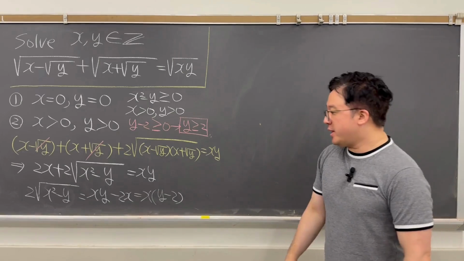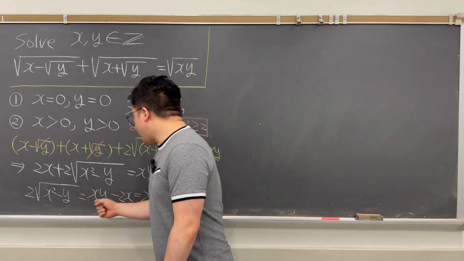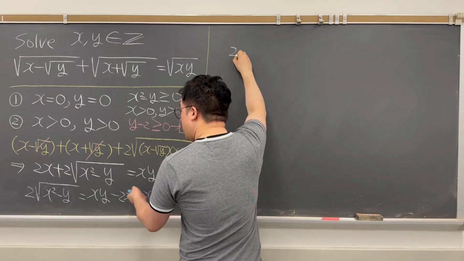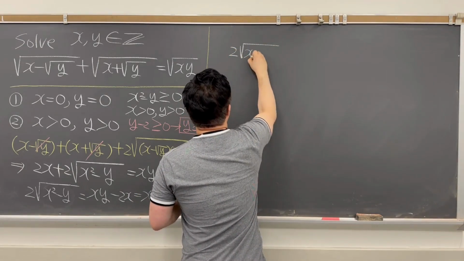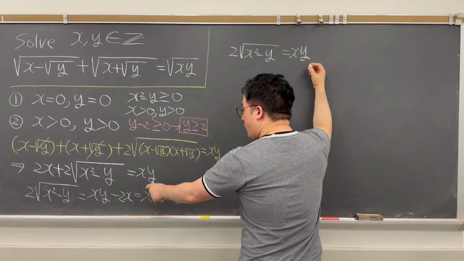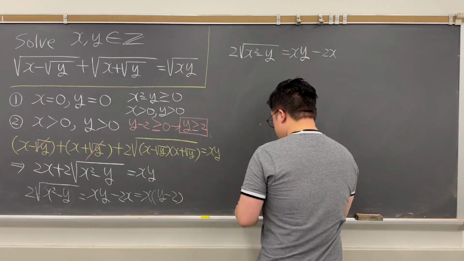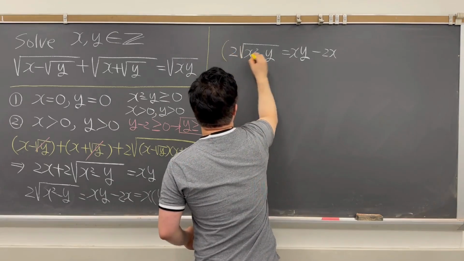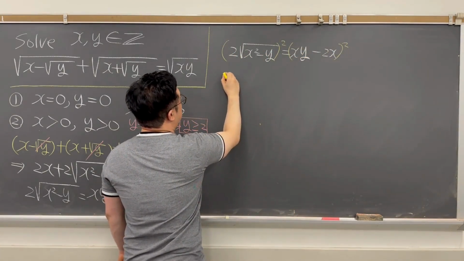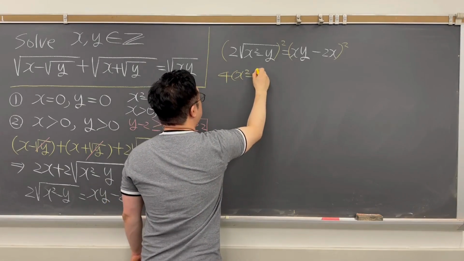Okay, now what I'm going to do is square the left and the right-hand side of this equation, right? So once again, the left-hand side was 2 times the square root of x squared minus y. That was equal to x times (y minus 2). So we are squaring the left and the right-hand side. Then the left-hand side is going to be 4 times (x squared minus y).